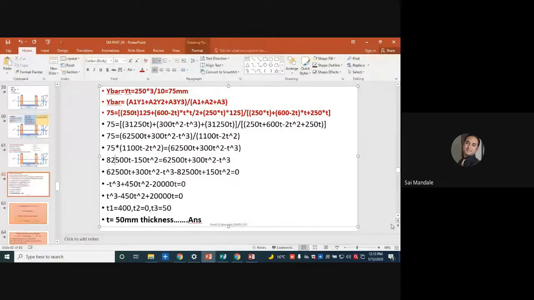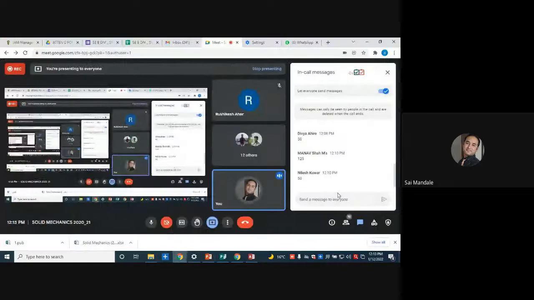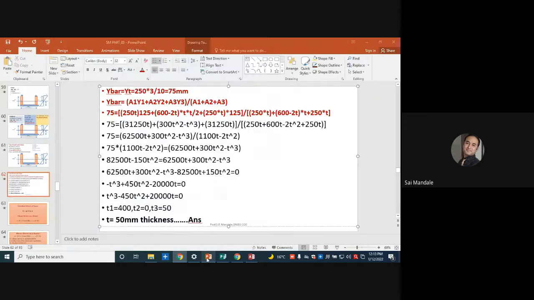I'm expecting one more answer so that I have to go. Nilesh is saying 150. Okay, Nilesh. Very good. The right answer. Those who are facing difficulty with the answers, please do it at your level. The answer is 50. It is the right answer. The first comer who has given the answer to me is Divya.